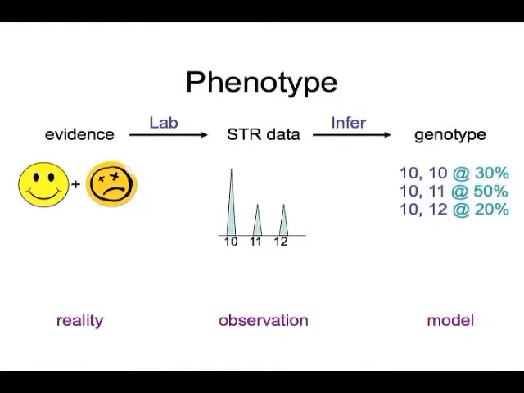So this is quite general in that whatever you do with mixtures, you're going to infer something that's equivalent to a genotype with probability according to some model. And philosophically, that model is trying to understand reality, but it's not the data. It's not the observation. The genotype is not the peaks. It's not the alleles. It's a statistical inference that we make from the data. These are three different levels of reality.